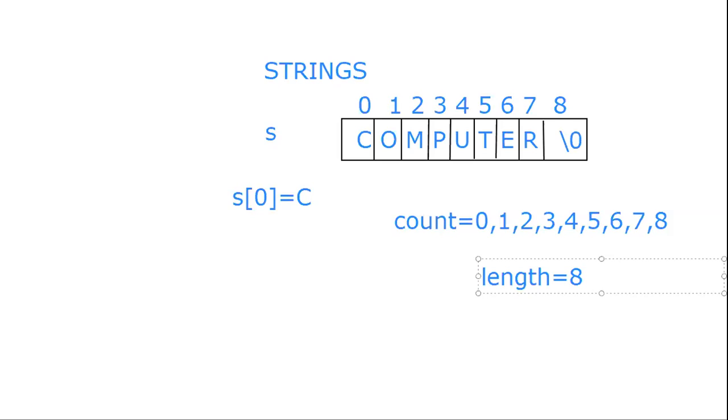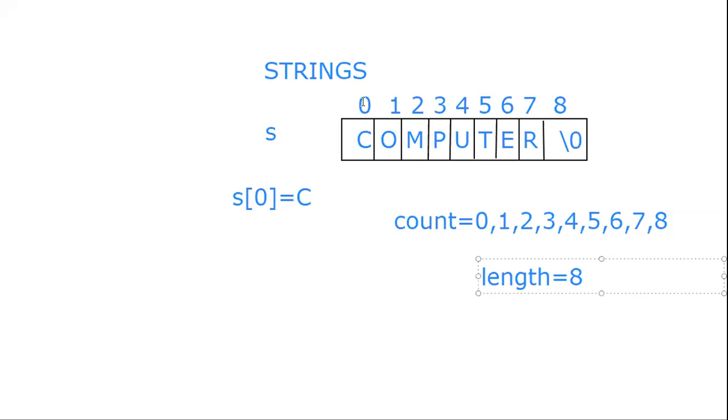Now count plus plus, count was 0, it increments to 1. Next, i is also incremented to 1. We will check student of 1, which is nothing but the next letter O. O is not null, so count increments to 2.